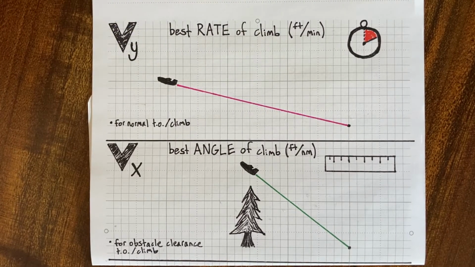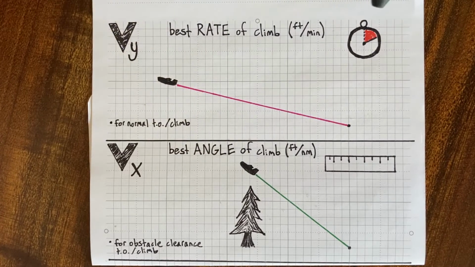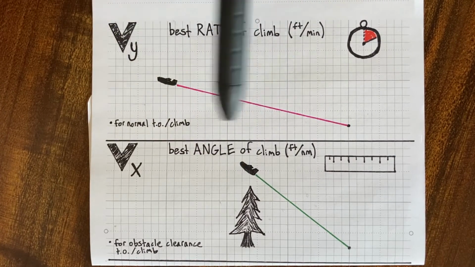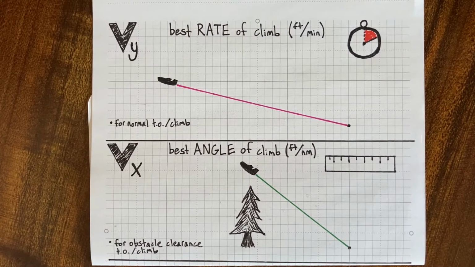So the best angle of climb gives us the greatest gain in altitude per unit of distance traveled rather than per amount of time. So because it's per unit distance, I've drawn this little ruler here.